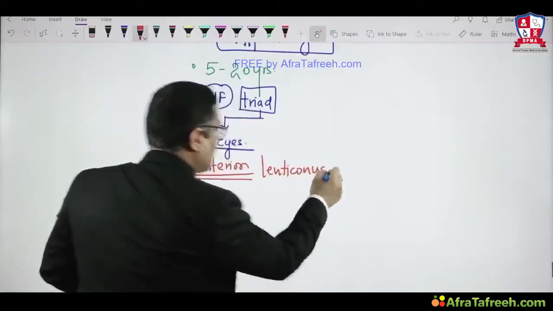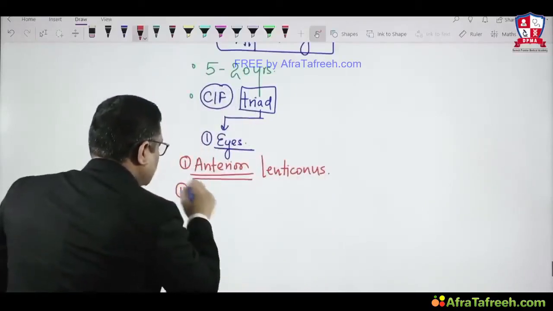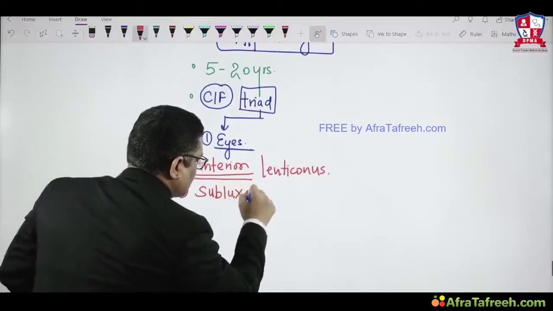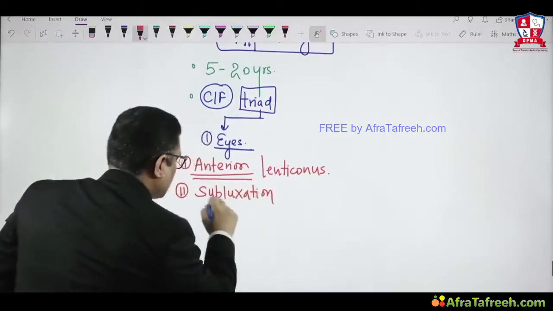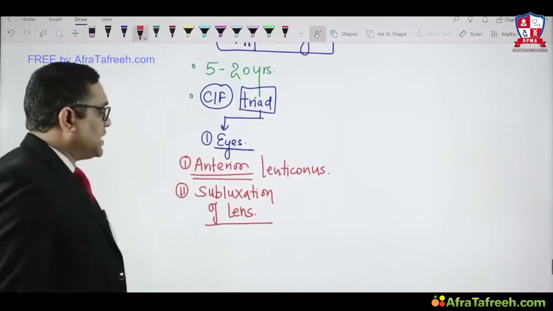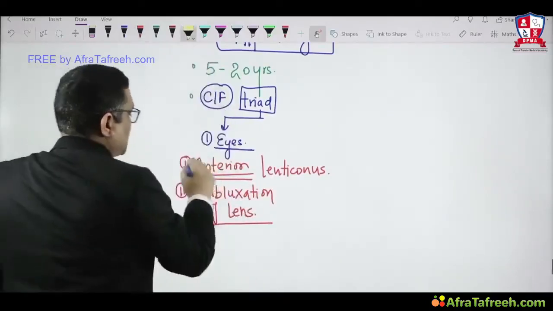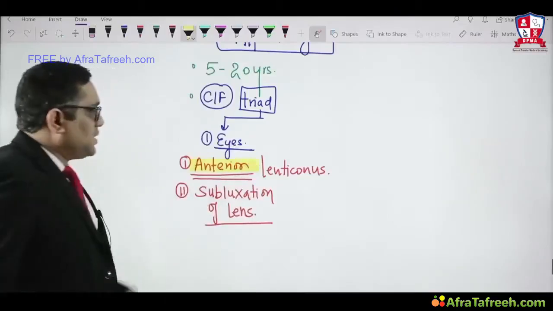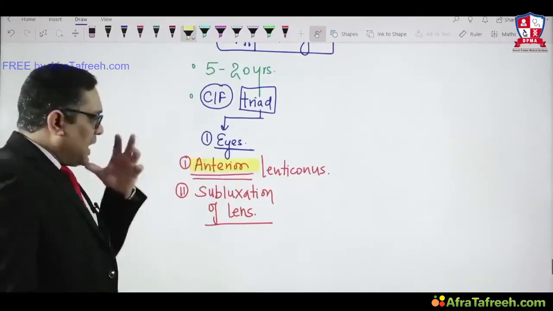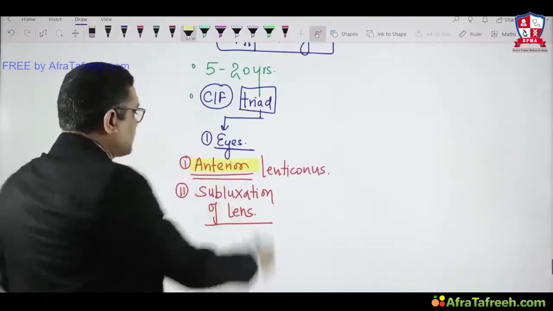So anterior lenticonus will be present. There will be subluxation of the lens. So subluxation of the lens, anterior lenticonus. So these are the two things we will see here in eyes of the Alport syndrome patient, 5 to 20 years of the age group. Eyes will be showing anterior lenticonus, which was the question.